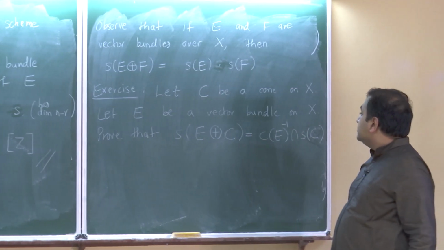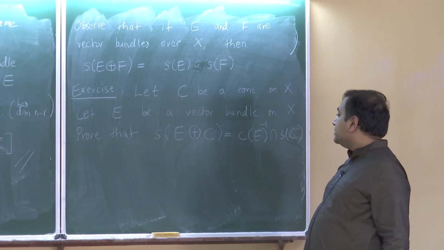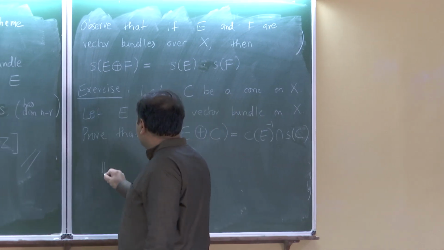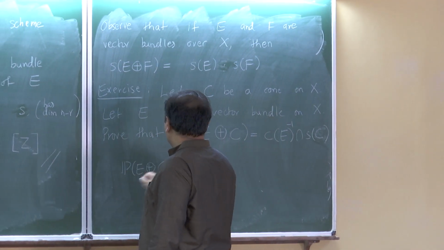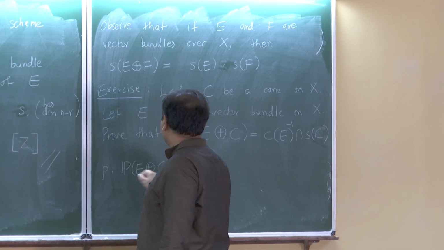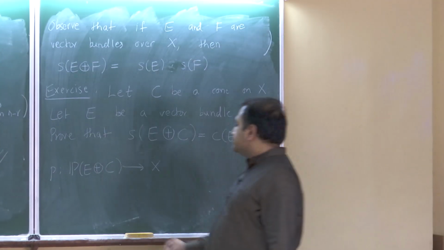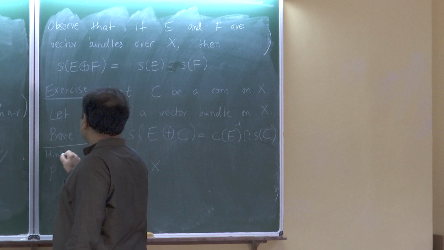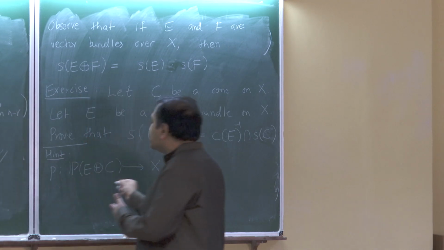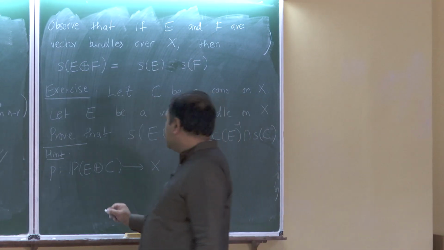The way to do this is that you look at P of E plus C, and let p be the projection map from this to this. Again, this is something that I myself have not fully worked out, but I think this is doable.